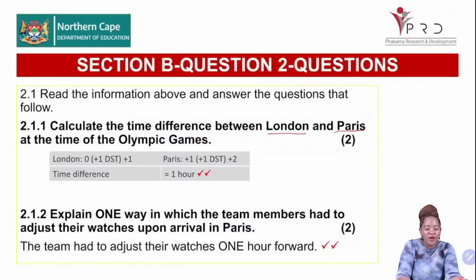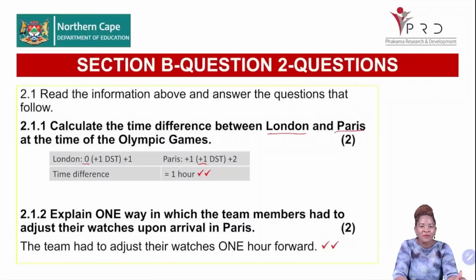And then you need to identify their time zones. So the time zone for London without the DST is 0. The time zone for Paris without a DST is +1. But remember, you are told that you calculate the time difference between London and Paris at the time of the Olympic Games.